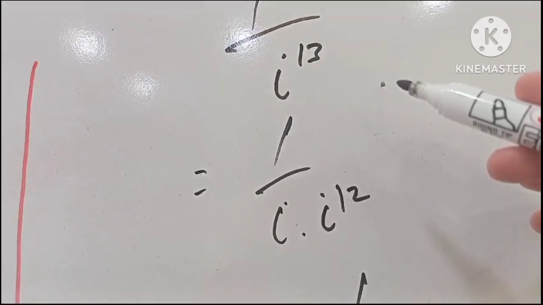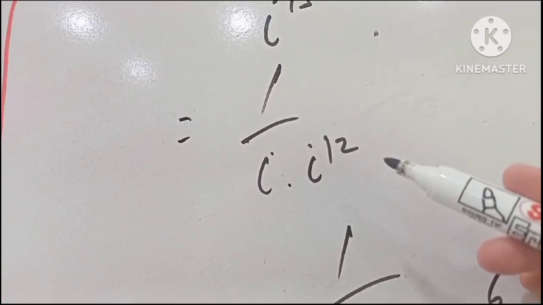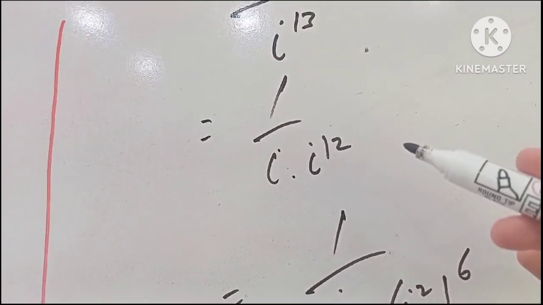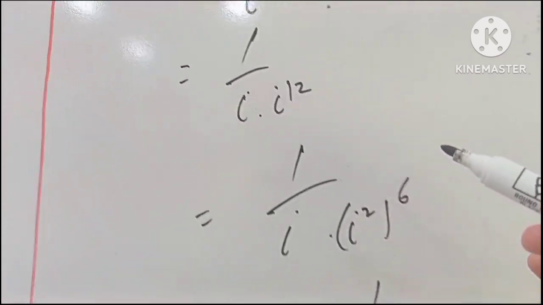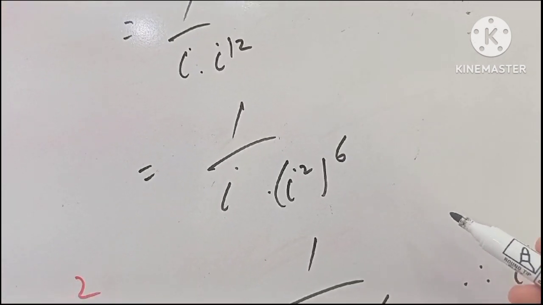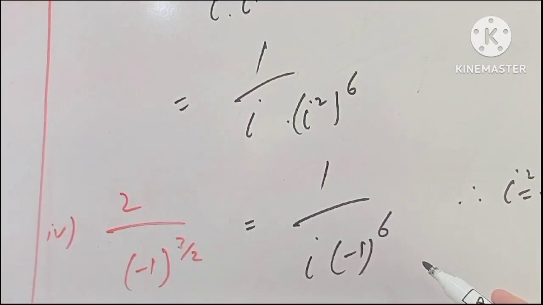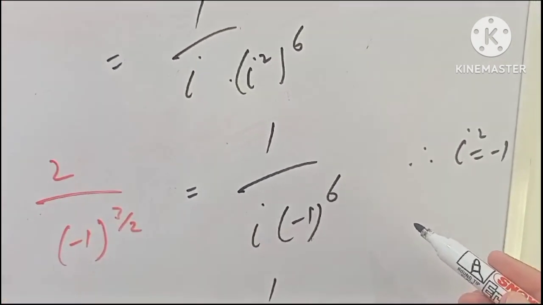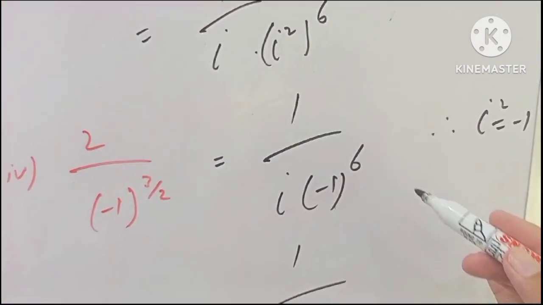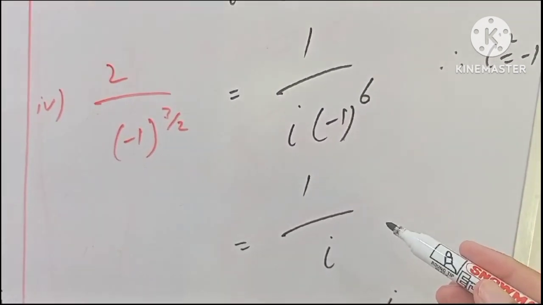Now we can write iota power 13 as iota power 12 times iota. Now we convert iota power 12 in iota square form. As we know that iota square is equal to minus 1, so we can write it as minus 1 power 6, but as the power is even, the minus sign is absorbed, and we get 1 over iota.